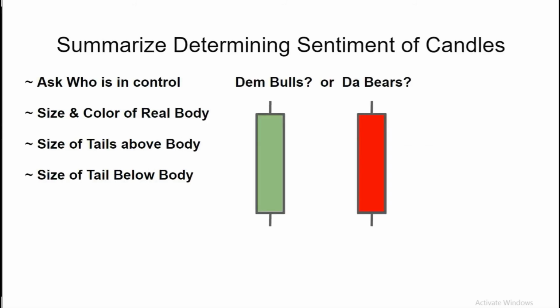Earlier, analyzing the candles, determining their sentiment, we asked the question, who's in control? The bulls or the bears? We have now learned that the answer to that question will be revealed through a combination of the size and color of the real bodies and the size of the tails above and below the body.